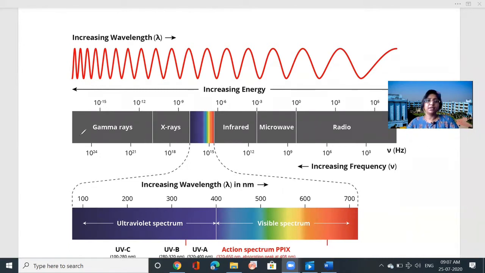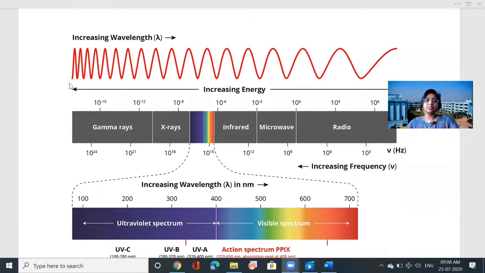Gamma rays, next is infrared, microwave. For all this radiation, the range is given. Here the range of frequency is given and the increasing wavelength is given.